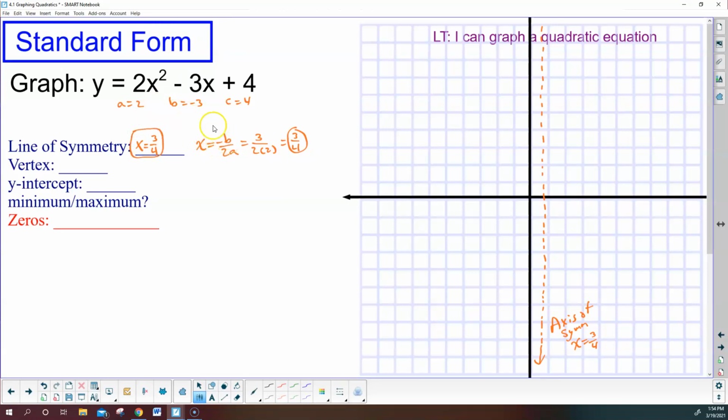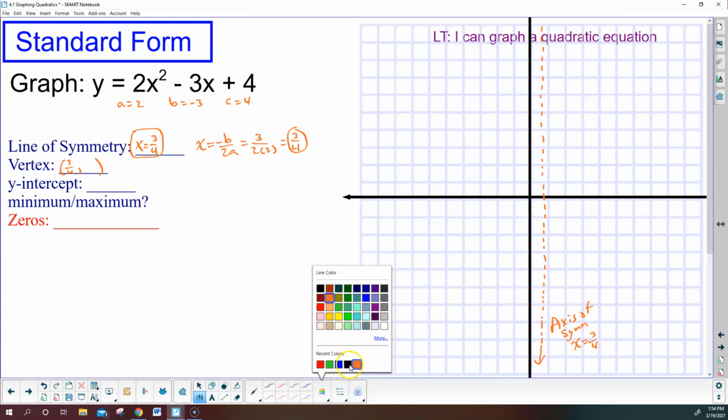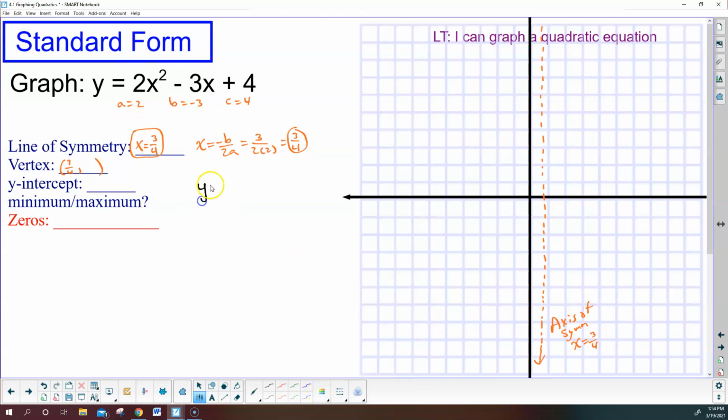I took the opposite of b, so the opposite of b is 3, all over 2a, so 2 times 2 gives me 3/4. Axis of symmetry is 3/4. Now, I know the vertex is when I plug 3/4 into the original expression. So I'm going to pause the video and I'll do that.